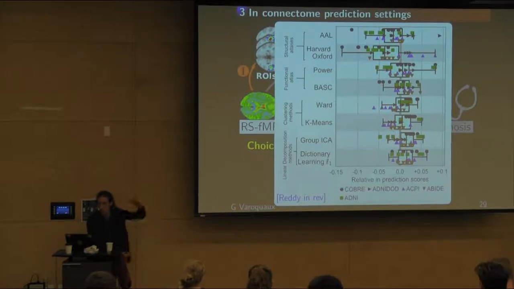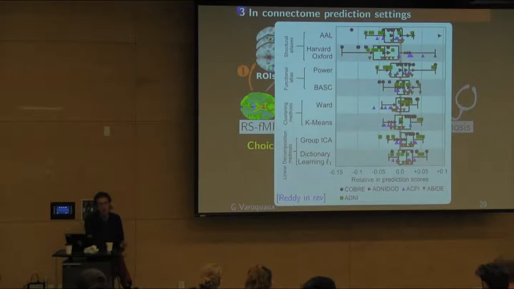And then in terms of gradation, what we're seeing here is that the methods that use decomposition models, so linear decomposition models on the data, tend to perform better than the others. And in general, the methods that tend to learn functional regions tend to perform better than the methods that are based on anatomical regions.